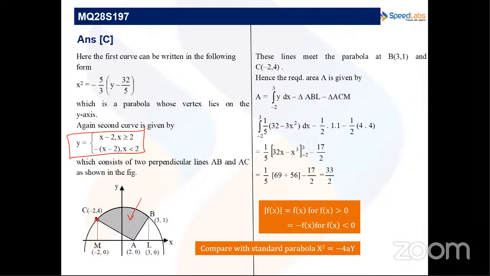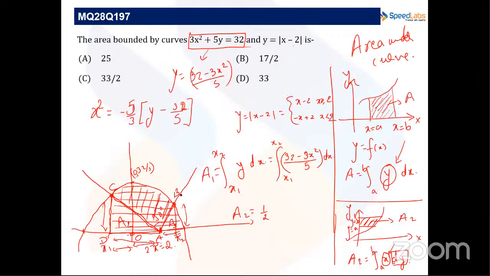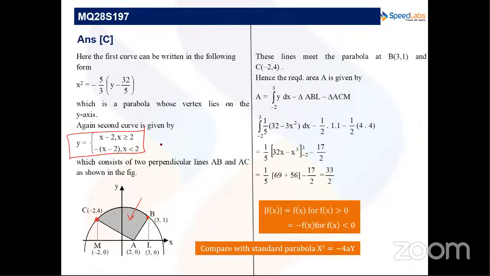So the point of intersection can be found out by, see, the equation was 3x square plus 5y equals to 32.